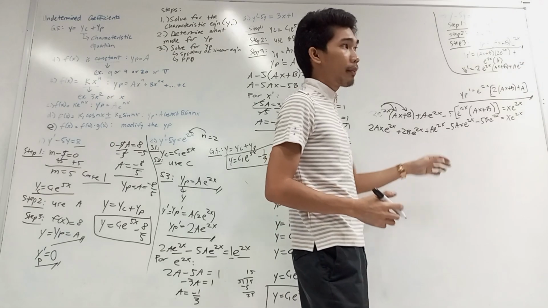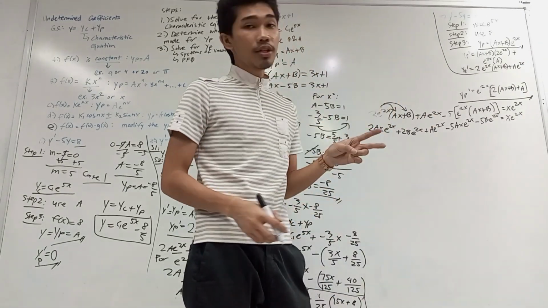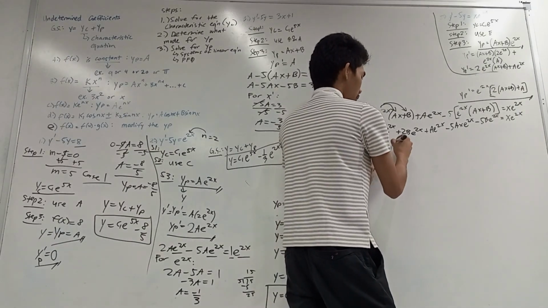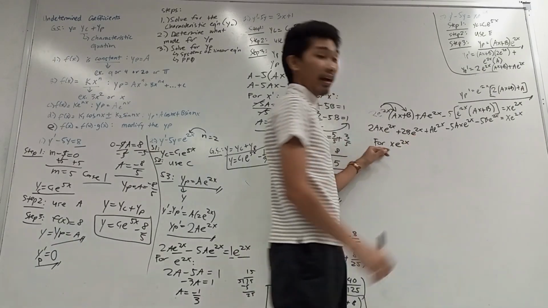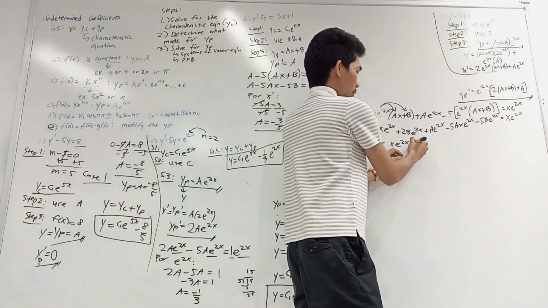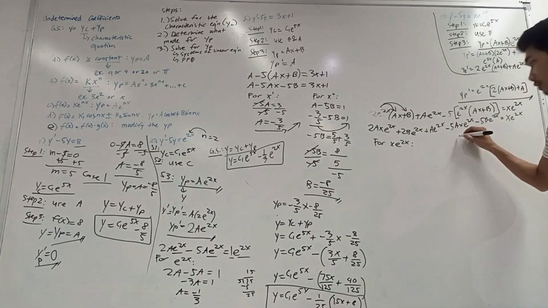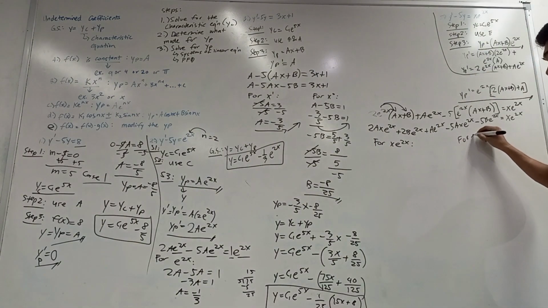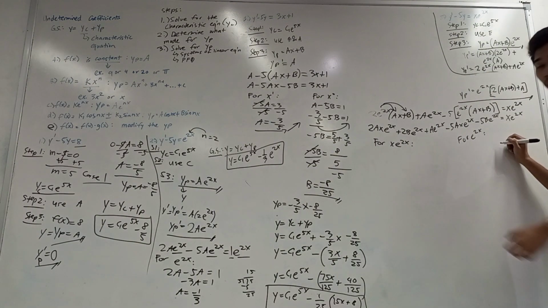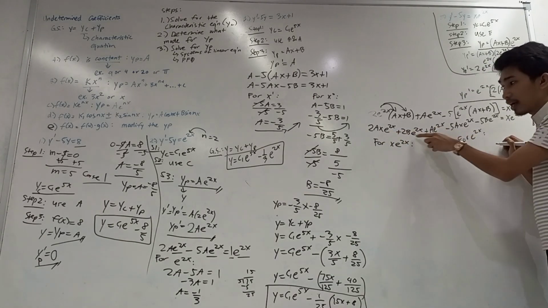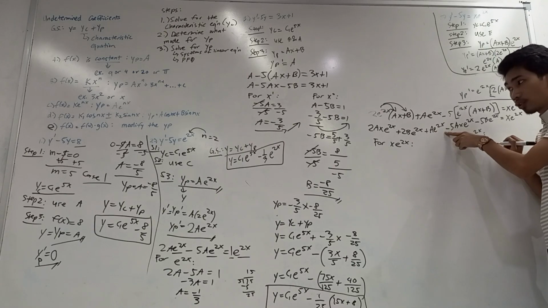So makita natin na meron dalawang equations tayong mabuo. For x e raised to 2x, ito yung first equation. Yung next is for e raised to 2x lang. So makita nyo may x e raised to 2x. Meron ding mga x e raised to 2x.